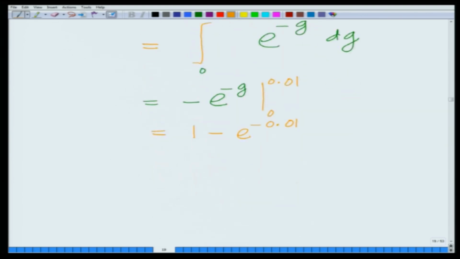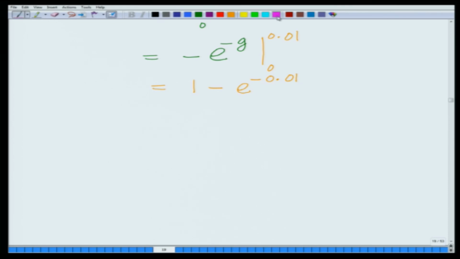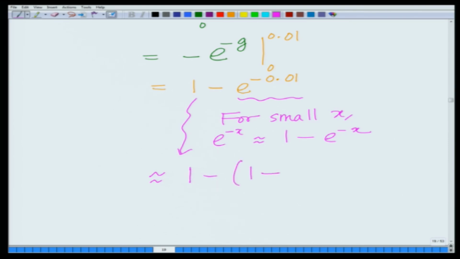Now, I am going to use an approximation for small x: e to the power of minus x is approximately equal to 1 minus x. Therefore, this probability is approximately 1 minus 0.99, which is equal to 0.01.